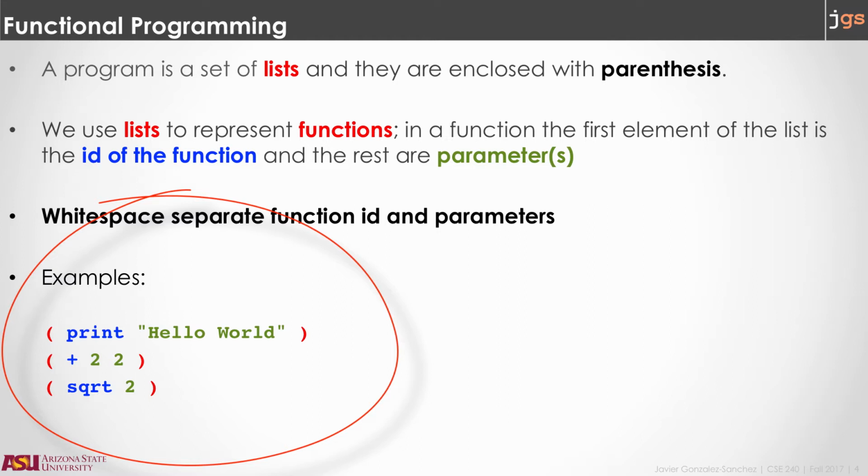In the second line, 2 and 2 are numbers, integers, and they are two parameters for the function that has as an ID the plus symbol. Finally, in the last line, the number 2 is a parameter for the function SQRT. Important thing to notice, there are no commas and no semicolons at the end.